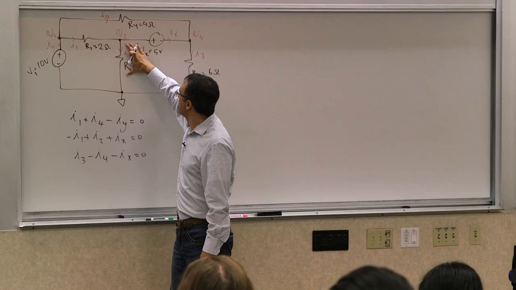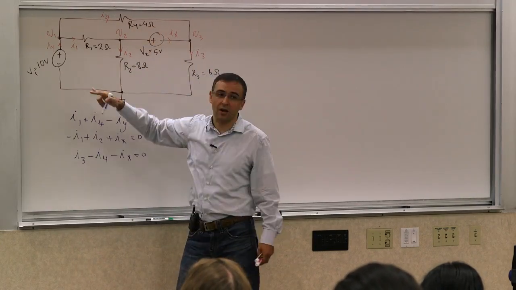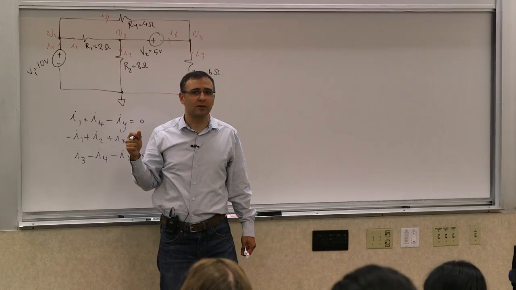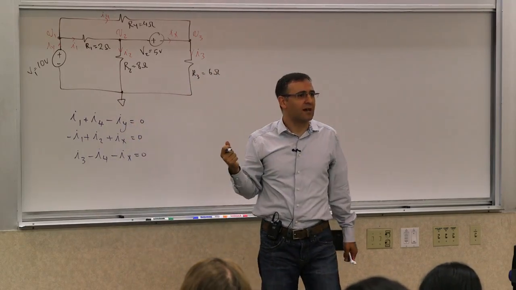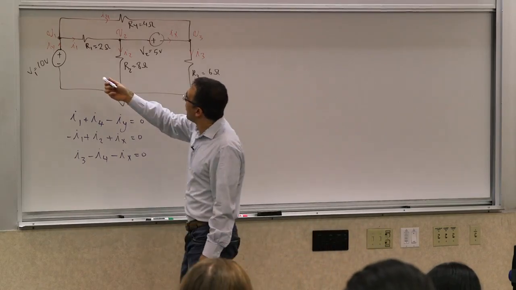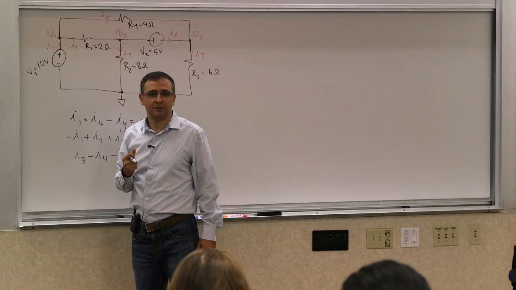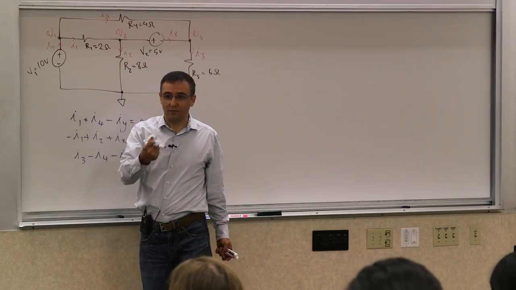Same thing for the others. The problems are IX and IY. How do we write IX and IY in terms of node voltages? How do you define IY in terms of V? Is there a way to do that? No, right? I don't know of a way. If you know, let me know.